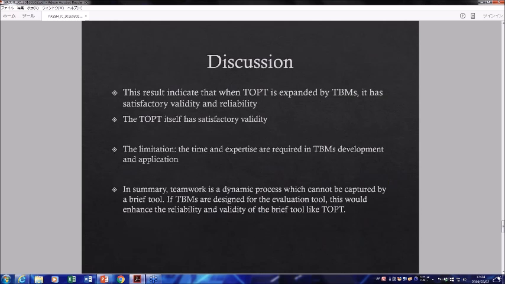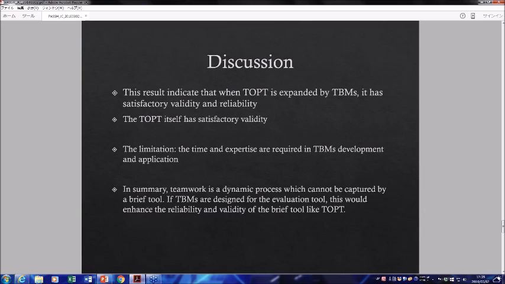So, discussion. This result indicates that when TPOT is expanded by TBMs, it has satisfactory validity and reliability. And the next one is that TPOT itself has satisfactory validity. The limitation is that time and expertise are required in TBM development and application.